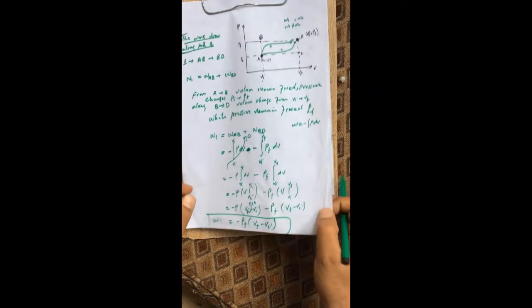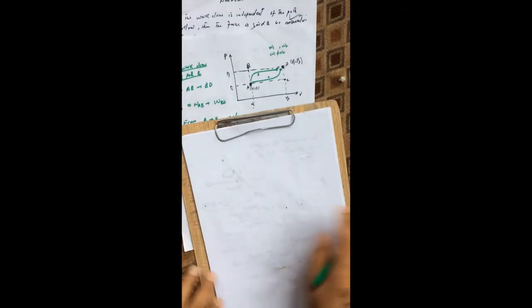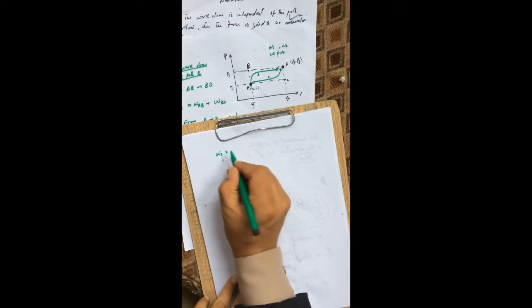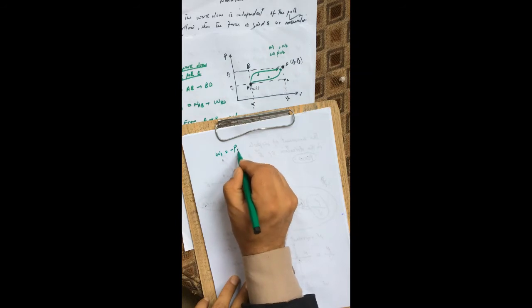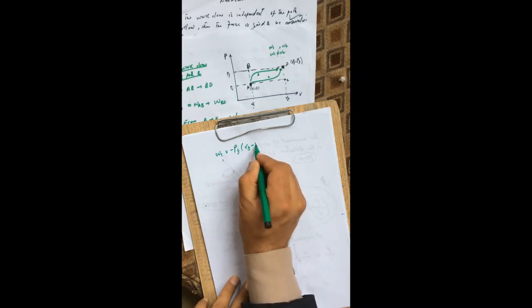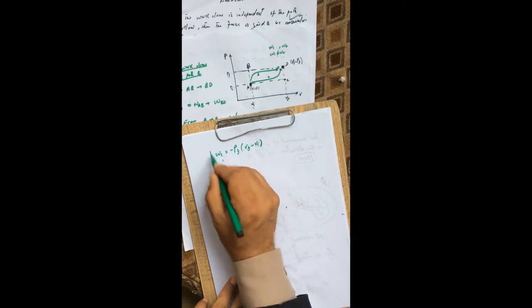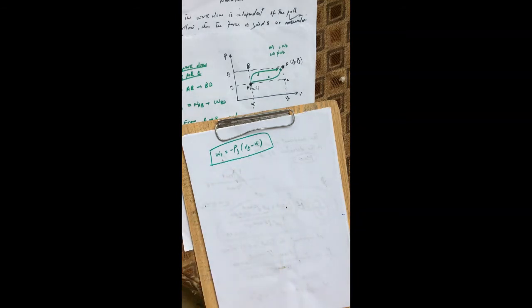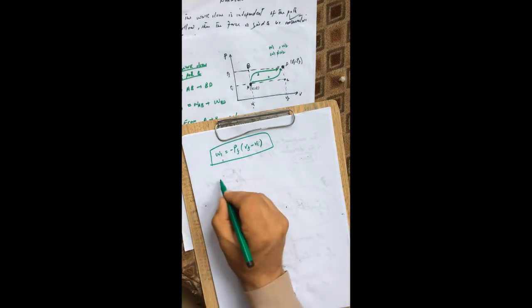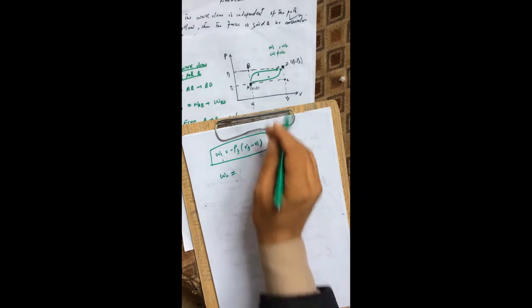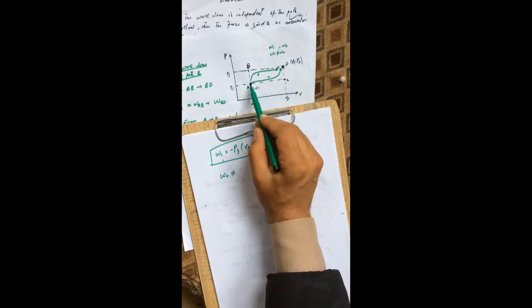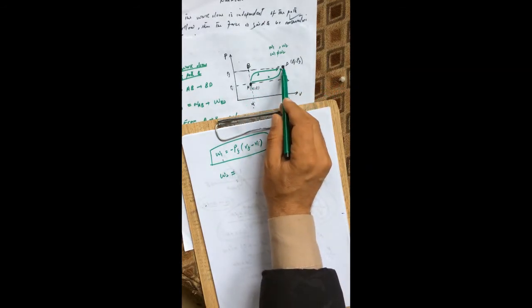Now we will check the work done along path 2. The work done along path 1 is minus Pf into (Vf minus Vi). So you have to remember this one. Now path 2 is divided into two parts, AC and CD.